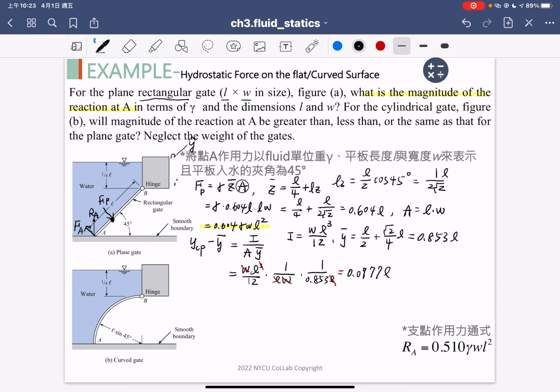The FP multiplied by the length from B to CP along this length, this is LBCP, will equal the FA multiplied by the total length L in here.